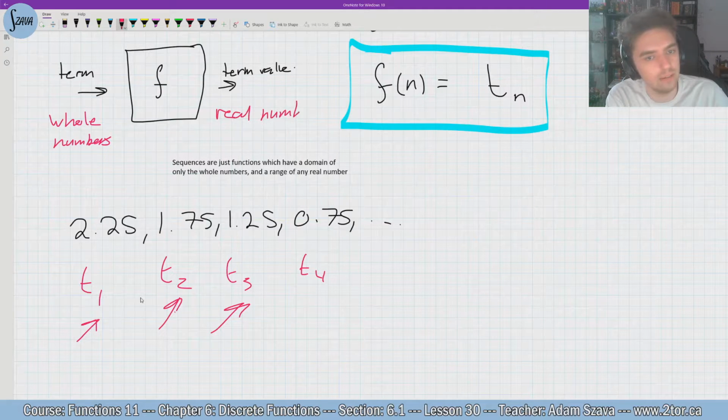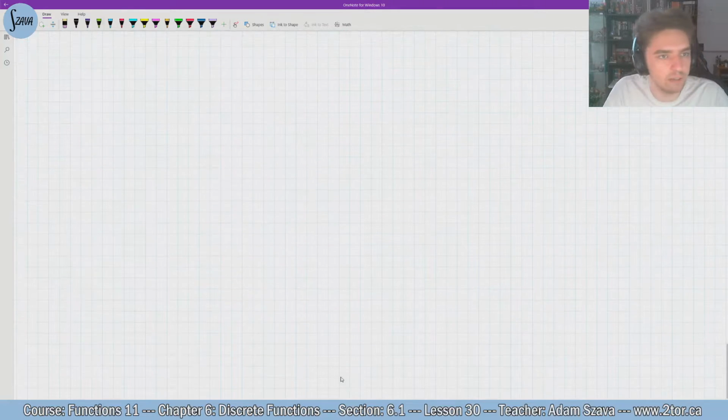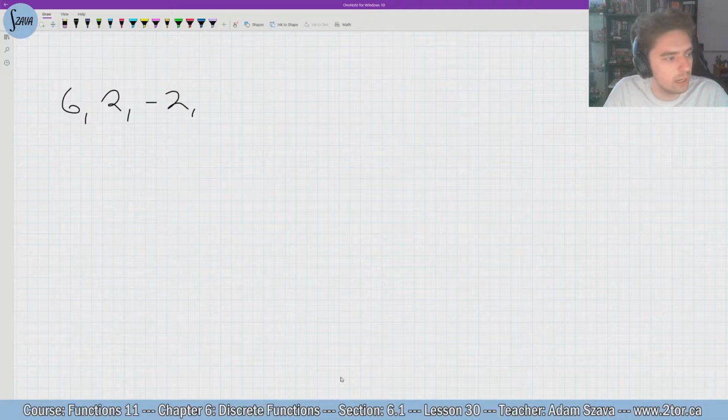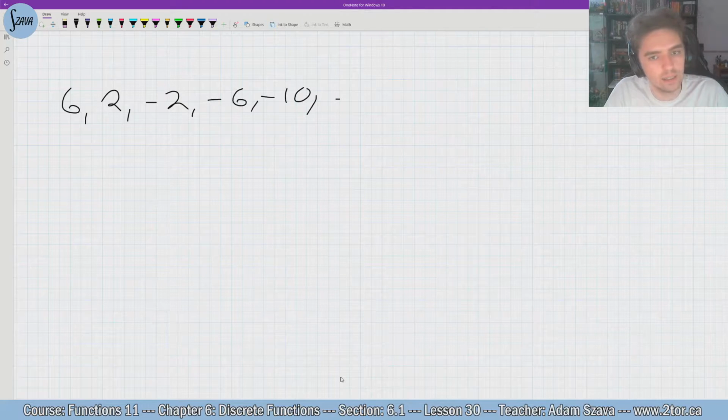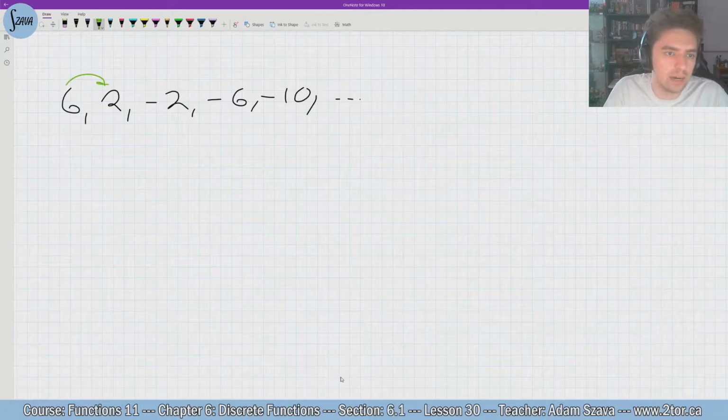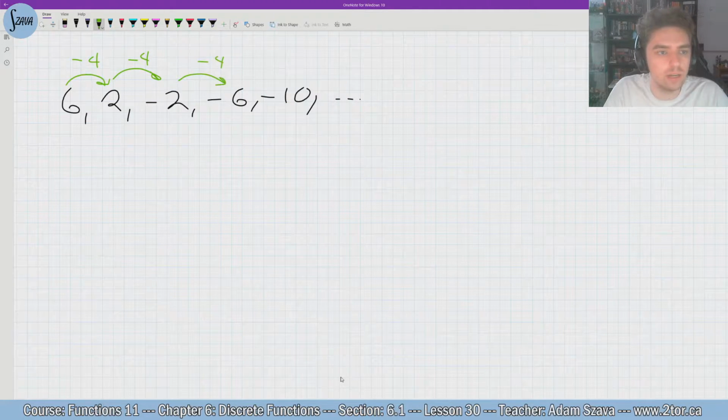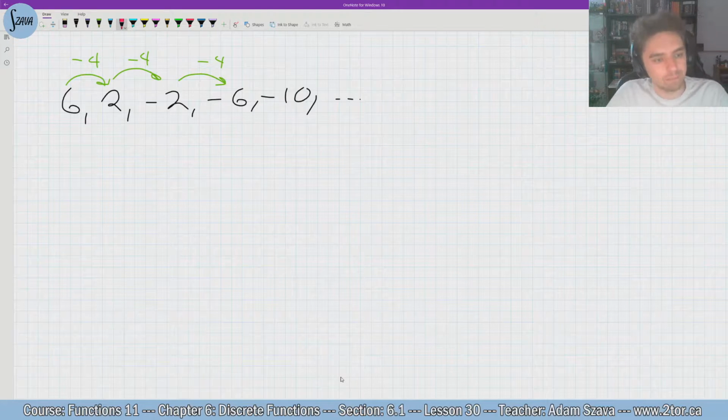It can also be negative, right? So for example, if I have this sequence 6, 2, -2, -6, -10, dot dot dot, we're going down by 4 each time, and that's fine. We go into the negative numbers, totally fine. The output's real, but the input, the domain, is only whole numbers.